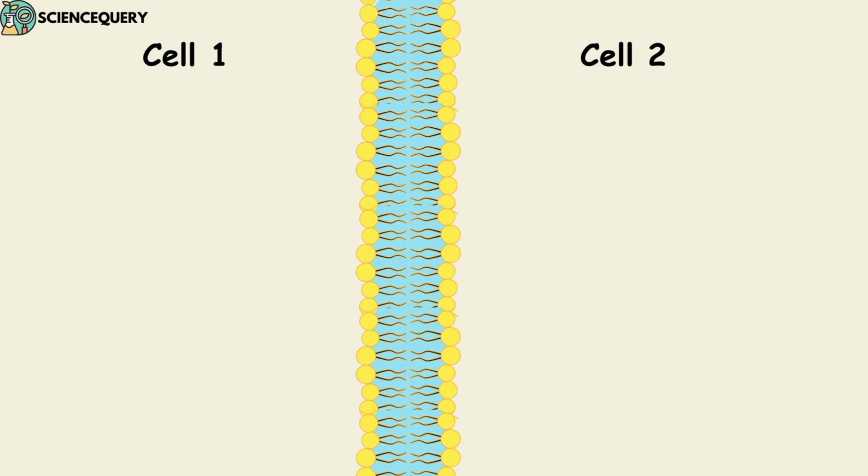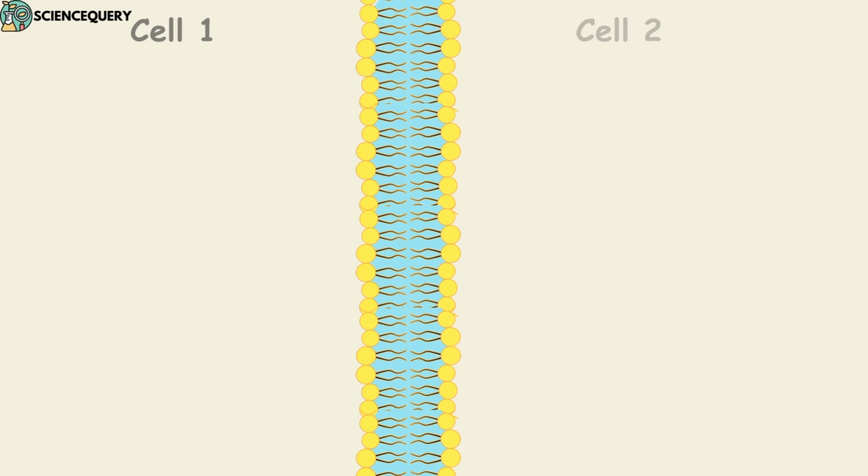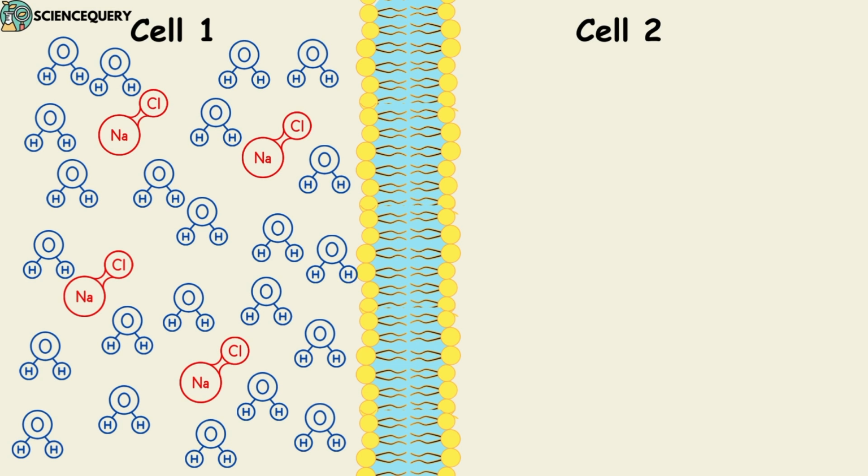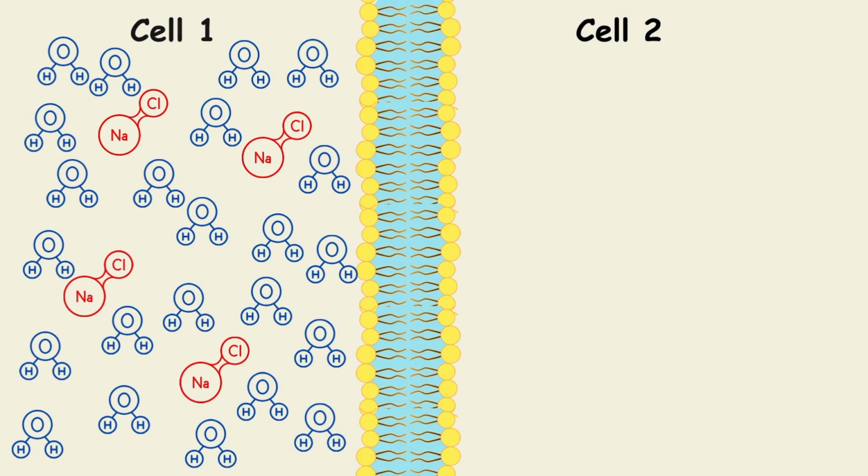Now let's take the example of two adjacent cells in an organism and see how osmosis happens. Here cell 1 and cell 2 are having a cell membrane which also acts as a semi-permeable membrane. Cell 1 is having less NaCl or solute and more water, that is, cell 1 is dilute.